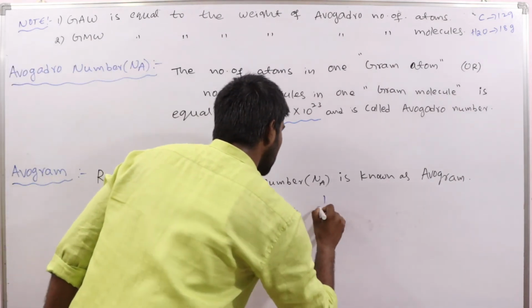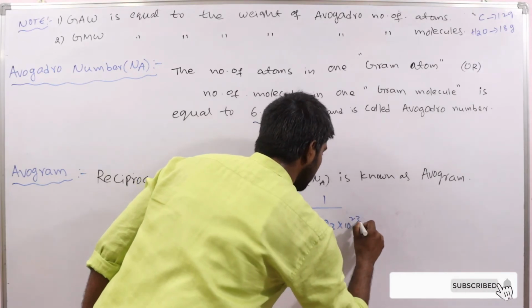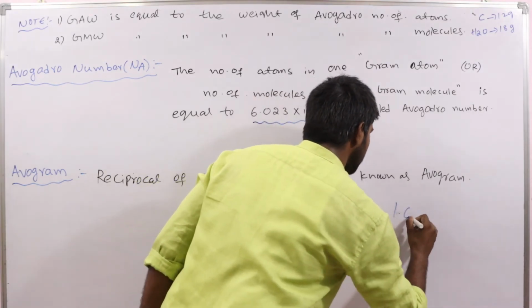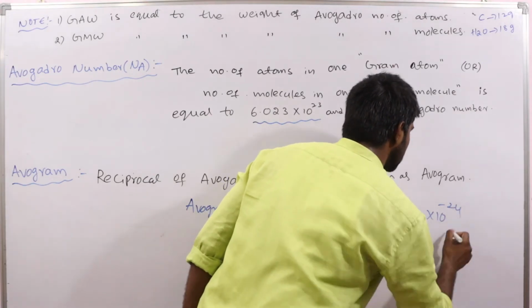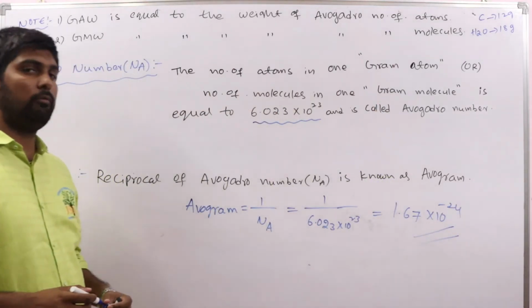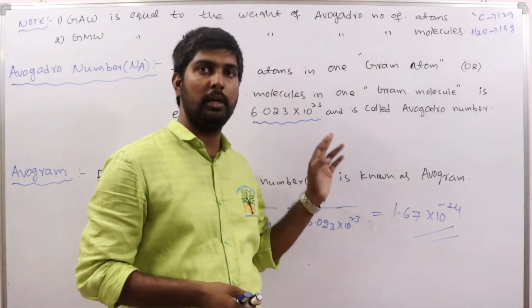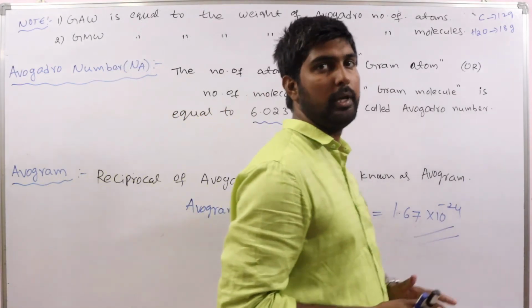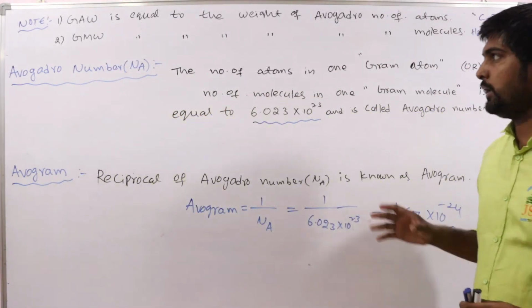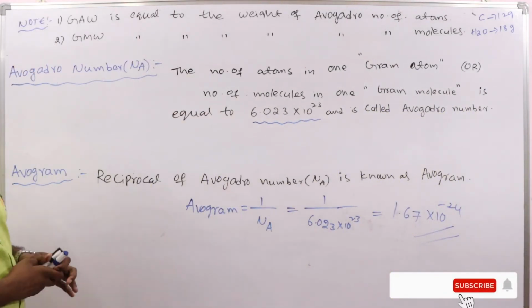That is 1 by 6.023 into 10 power 23, which after simplification gives 1.67 into 10 power minus 24. So this is Avogram. Avogadro number is 6.023 into 10 power 23, and Avogram is 1.67 into 10 power minus 24. Clear? These two points are very important.